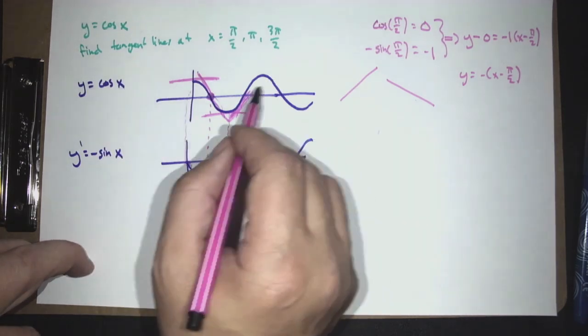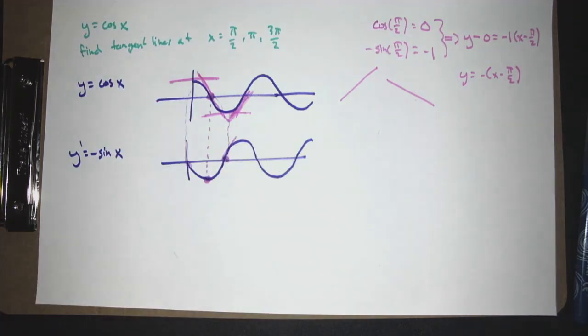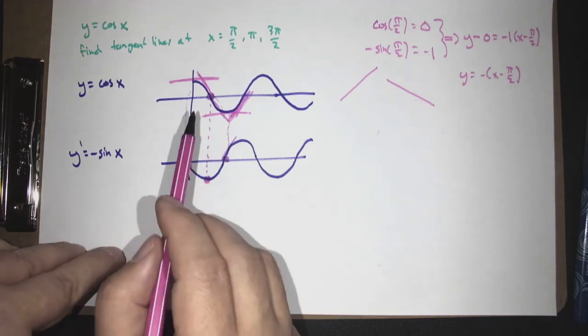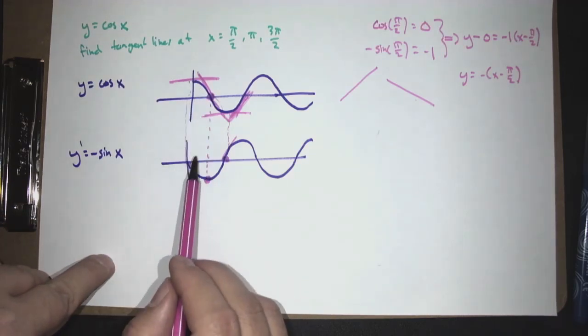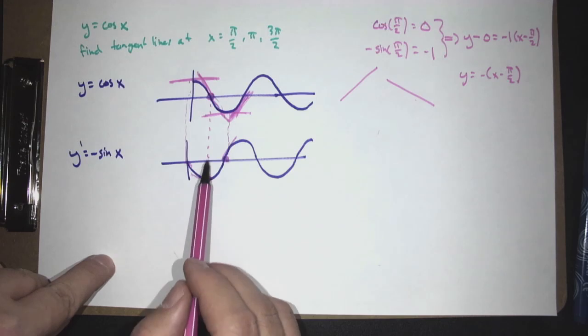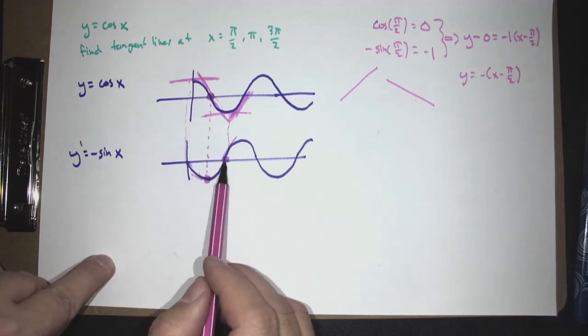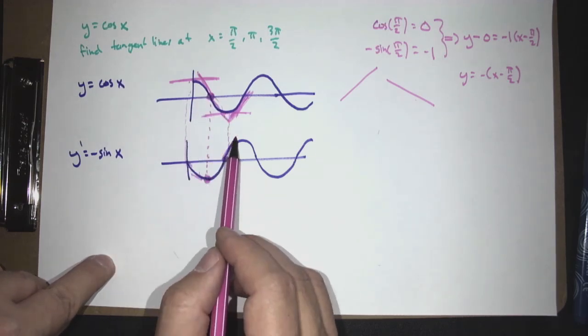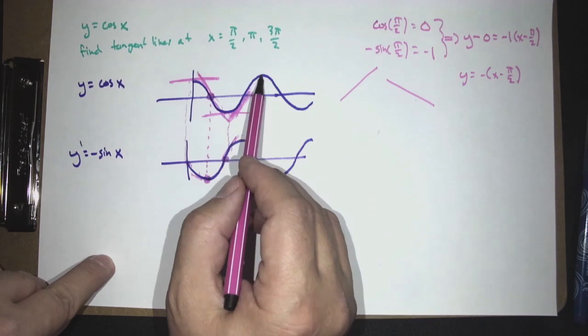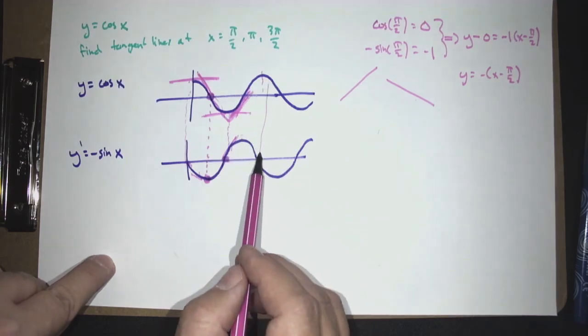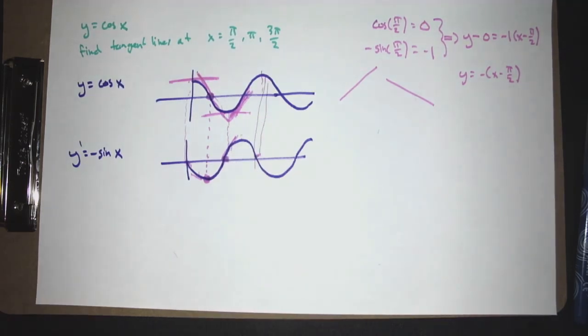So even if you didn't know exactly what the derivative of cosine was, you can figure out things like, oh, I'm 0, and then I'm negative, and I get very big negative, and then I come back to 0, and then I'm positive, and then I come back here to 0. So you can see some nice connections, but that's not your question.